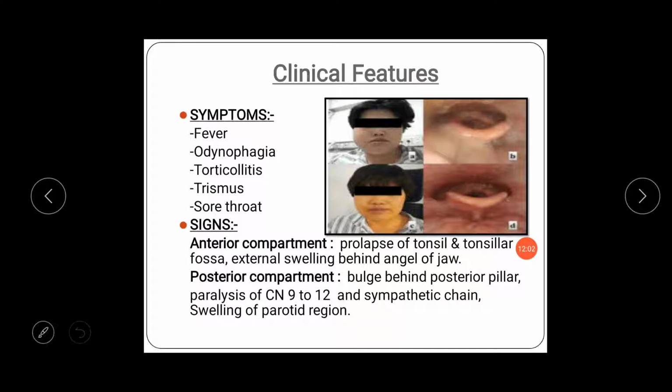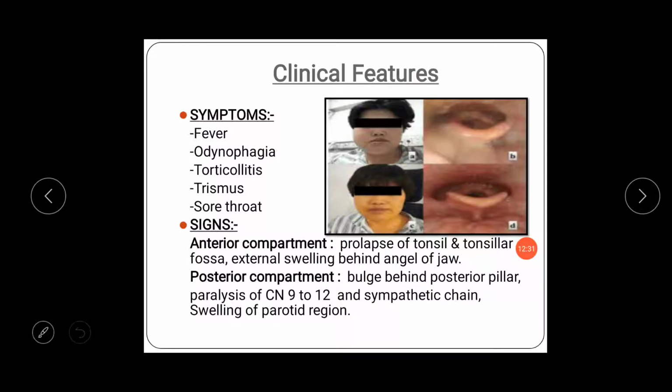The patient can develop odynophagia or difficulty in swallowing according to the abscess site and size. Torticollis can develop due to muscle spasm. Trismus can develop due to medial pterygoid involvement, which is present on the lateral side of the parapharyngeal space. The patient can develop sore throat and pain in the throat.